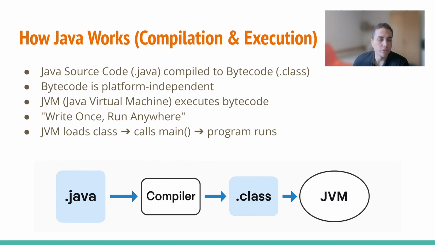because the same compiled code can run on different platforms via the Java Virtual Machine, which is also responsible for calling the main method in your program and managing execution.